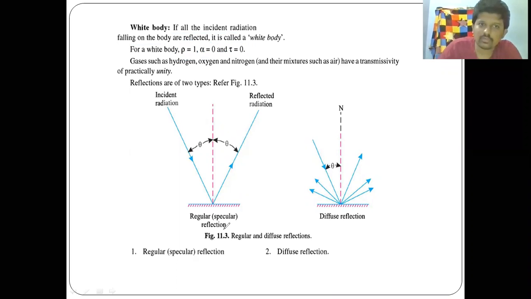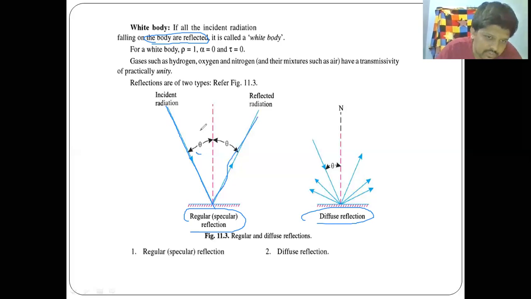Okay, please remember those differences. Now for the white body, we are saying all the energy is reflected. But here reflection is of two types. The first one is specular reflection. The other one is diffuse reflection. Specular reflection means the angle at which it is incident will be exactly the angle at which it is reflected. That means if it is incident at an angle of theta, it will be reflected at an angle of theta.